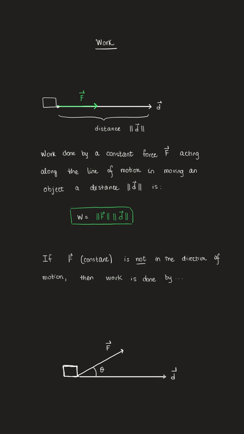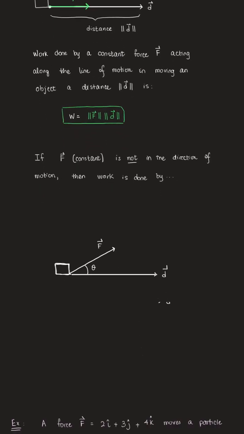So we multiply force times distance to get the work done when the force is in the direction of motion of the object. However, if the force is not acting in the same direction as the line of motion of the object, as in this second diagram, notice that I've drawn the force so that it's pulling the object up a little bit, but we're dragging, so think of a string, and we're dragging this box along its line of motion, which is represented by vector d.